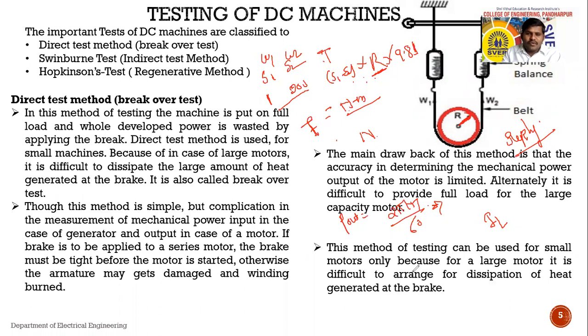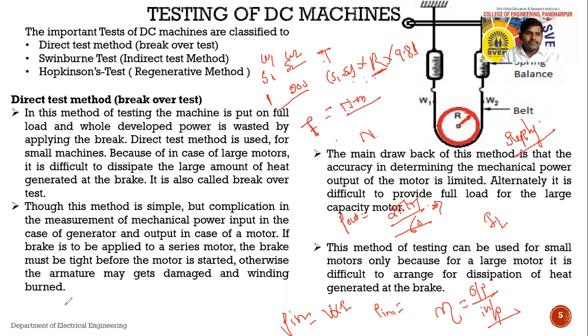Supply voltage into current, V into I, gives the power input, that is Pin. Once power input and power output are known, we can calculate the efficiency of the machine. Efficiency is equal to output power divided by input power.